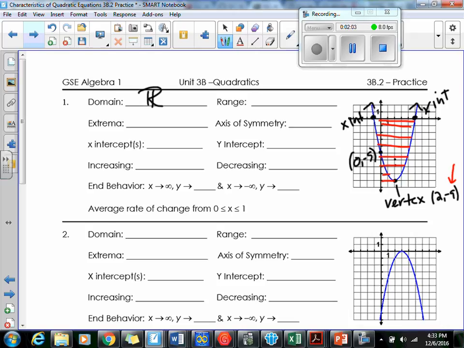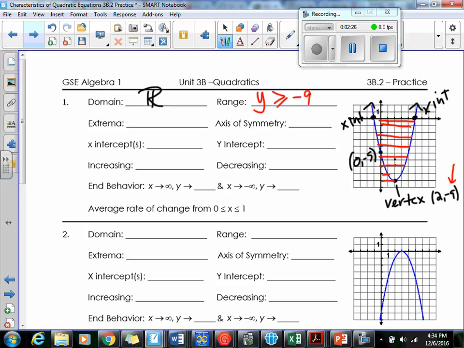And then the y values are getting larger. So the range is going to be all the y values. It's opening upward, which is another reason why it's going to be greater than or equal to -9. I think I forgot to tell you guys greater than or equal to before. We were just doing the greater than, but it should be greater than or equal to.